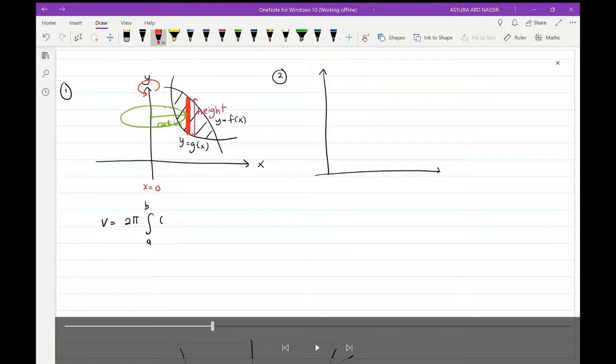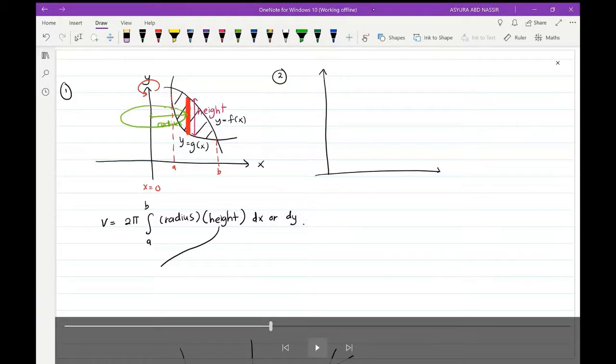So this is your a and this is your b. From a to b, radius times height, dx or dy. Later on we will see the example for dy.